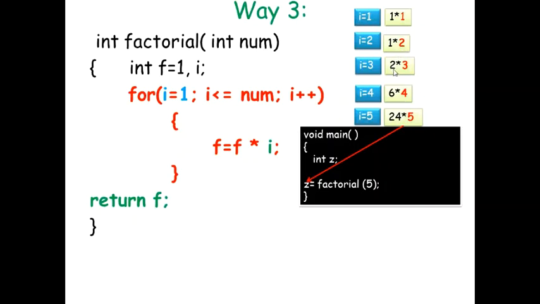Now this is the new f, which is multiplied by i, that is 3. So on and so forth. This goes on till i is equal to 5, and the resultant value is 24 into 5. So this return f is going to throw out 24 into 5, which is 120, which is going to be caught by this z over here.